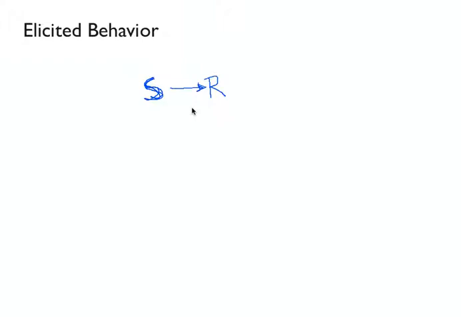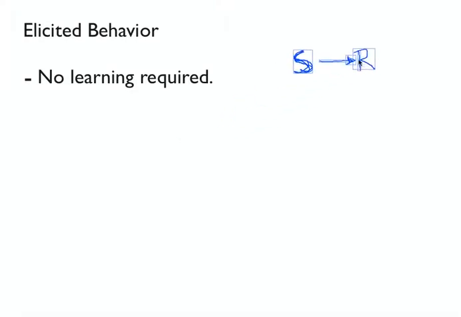It's the simplest form of behavior that we can think of, and we call it elicited behavior because the response is simply elicited by the stimulus and no learning is required. Let me move this somewhere else so it doesn't get in the way. Let's put it here. That's it. And there are a number of elicited behaviors that require no learning.